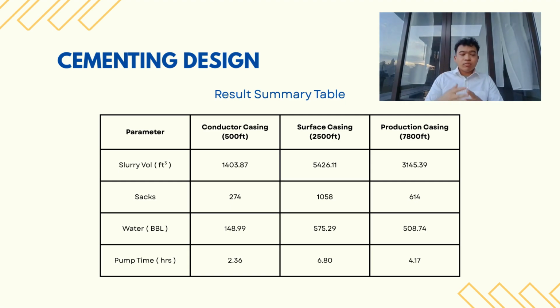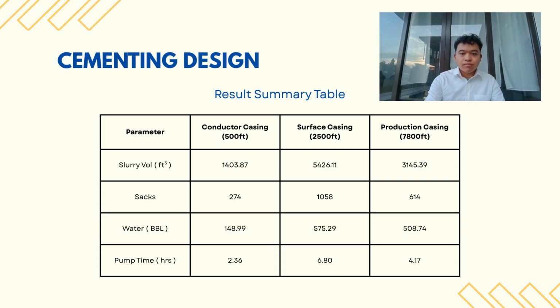As for the production casing, even though it is the deepest, it requires fewer sacks than the surface casing because of the production casing's smaller diameter. Proper planning of water volume and pump time can ensure the cement is placed before it sets, which is critical for the well.